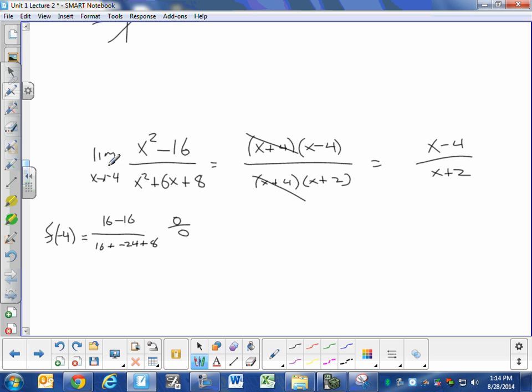Now if I asked you this same question and I changed this to -2 and you still can't simplify this, the answer would be does not exist because there'd be an asymptote at -2. I can't remove that problem. But there's a hole at -4 that can be removed, so after we plug in -4, we get -8 over -2, which is 4.